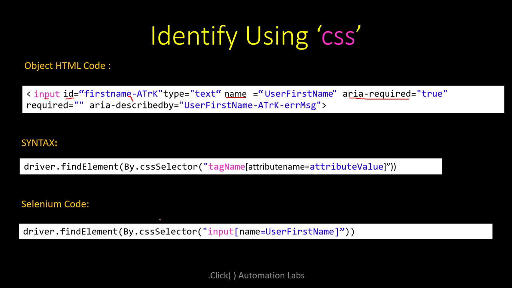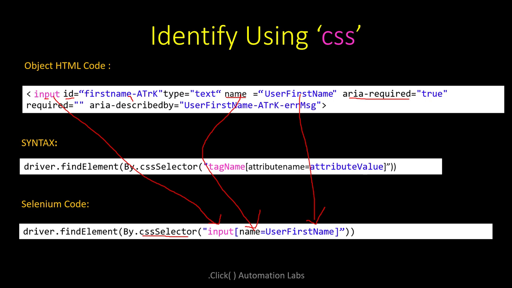Now look at this, driver dot find element by dot CSS selector is a method, and this input is copied from this tag name, and name is the attribute name, this is from here, and the value is this. So this is how you can identify using CSS selector.